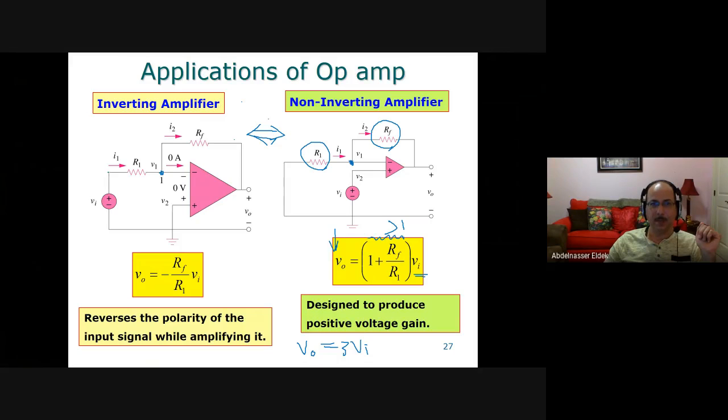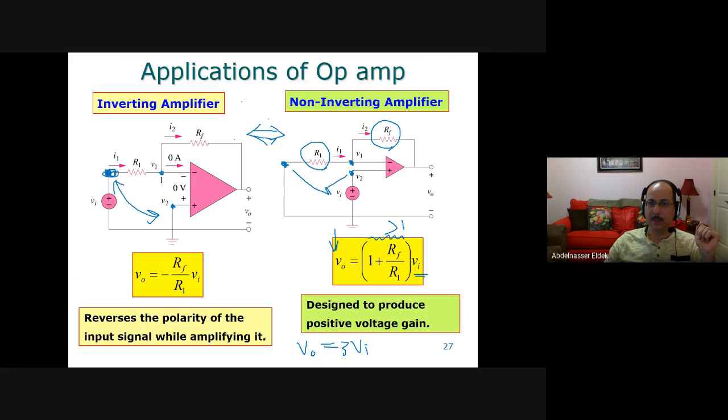The source here was connected to this point, and the ground is connected to this one here. So you switch the location. Now this point is connected to the source, and this point is connected to the ground.